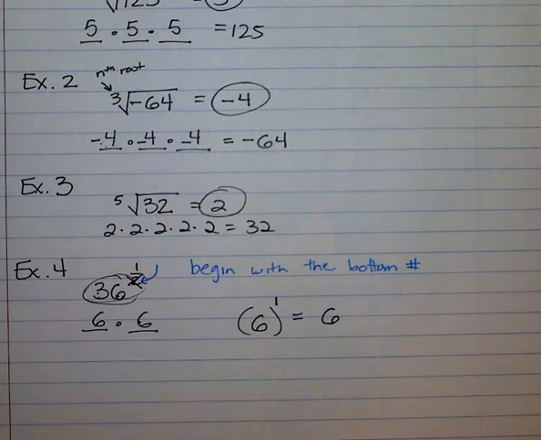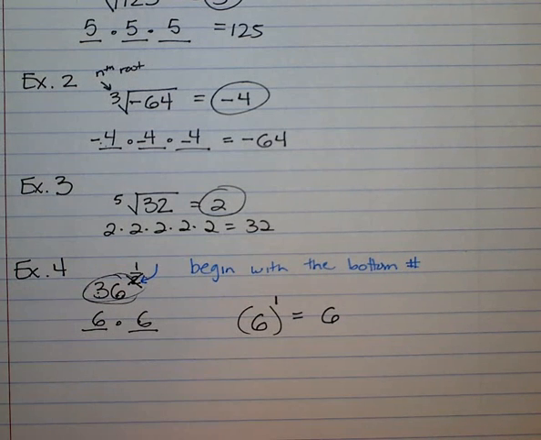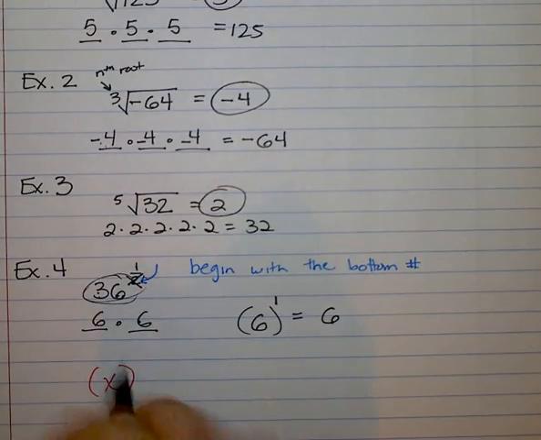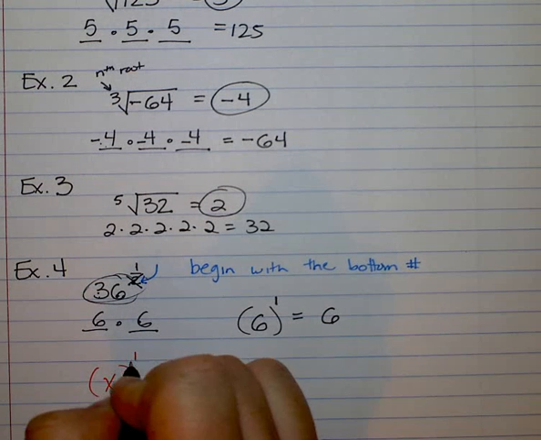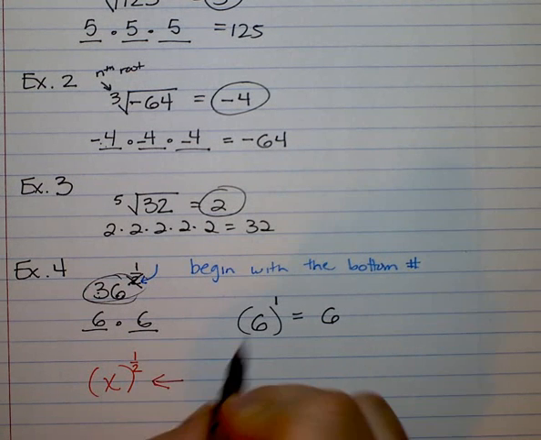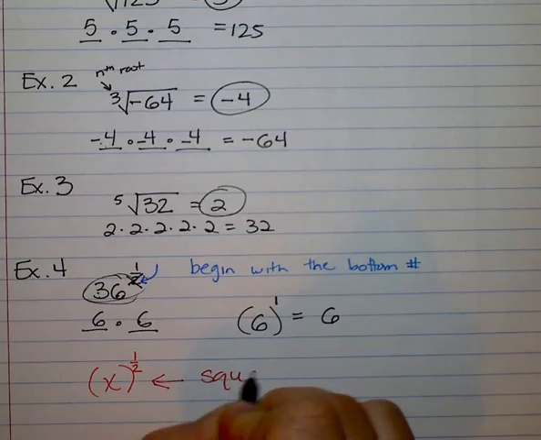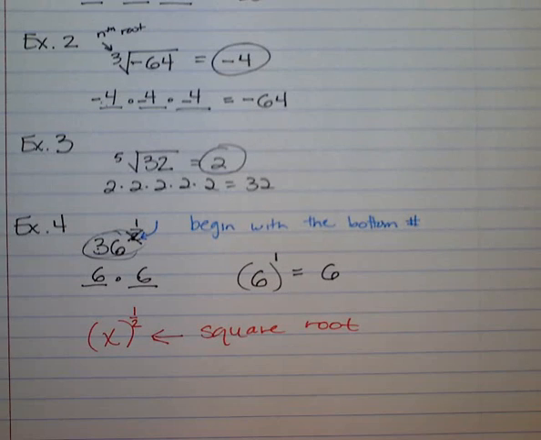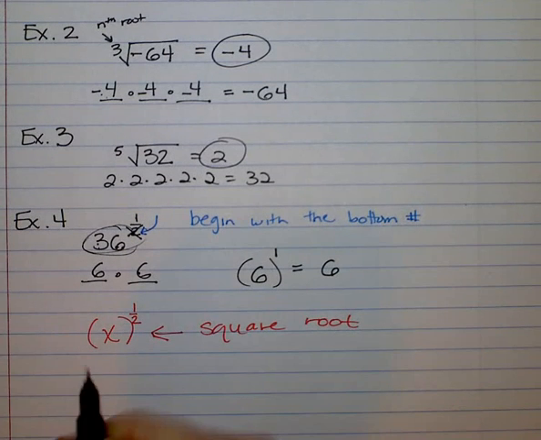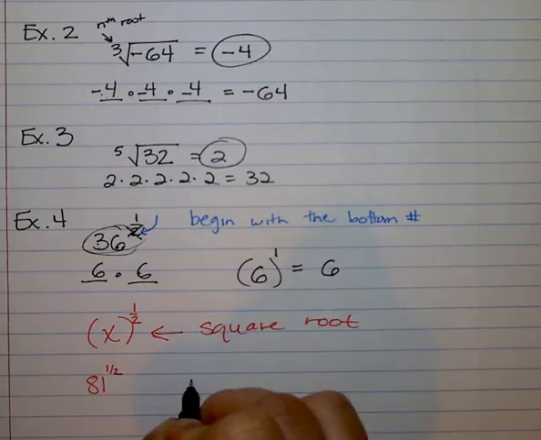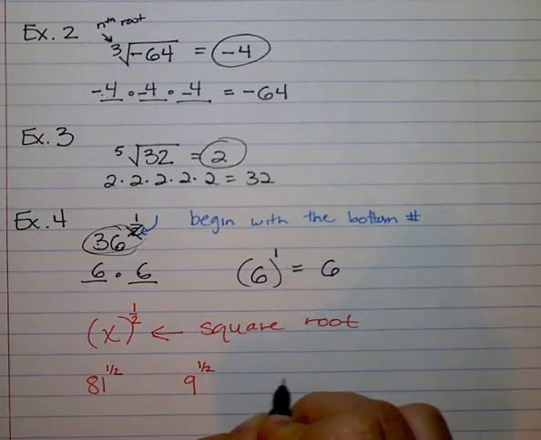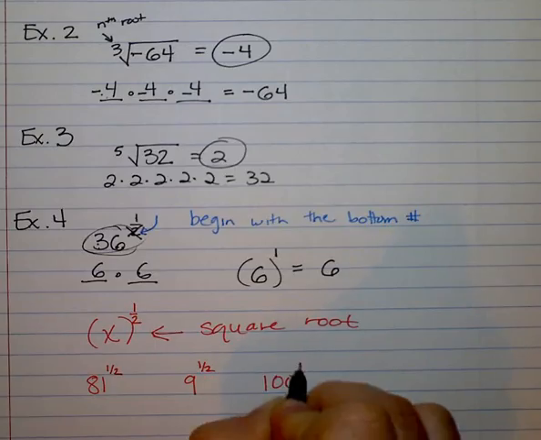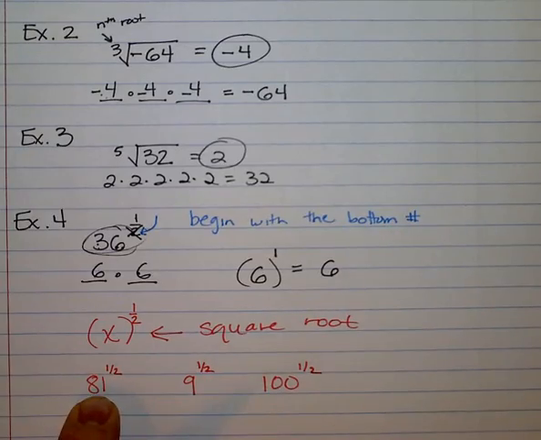Here's another thing to consider, and I'm going to have you put this down in your notes, please. When you see a number raised to the 1/2 power, it's another way to represent the square root. So, 81 to the 1/2, 9 to the 1/2, 100 to the 1/2 have answers here of 9, 3, and 10.